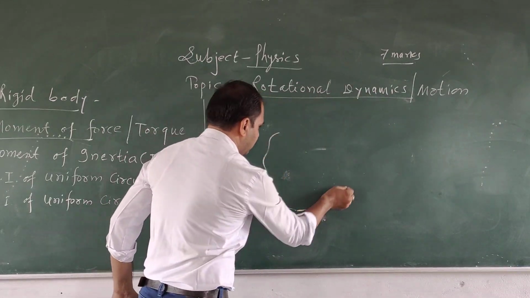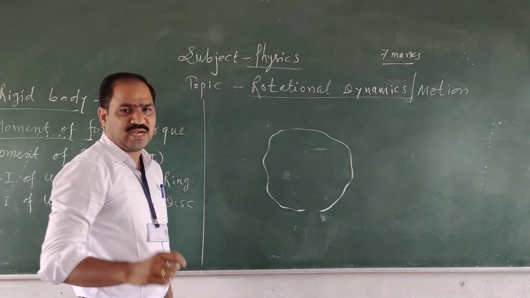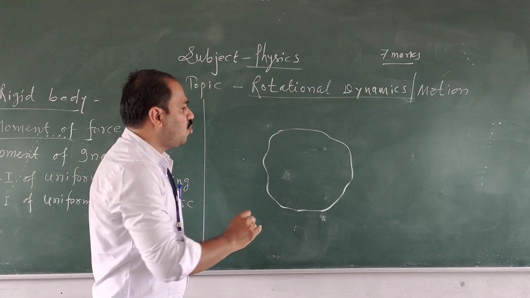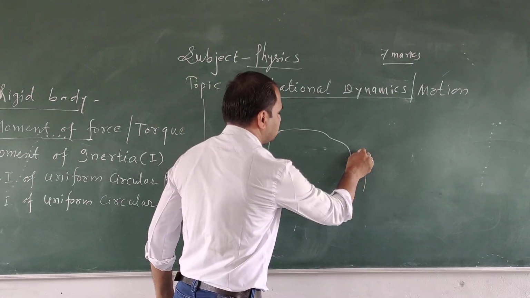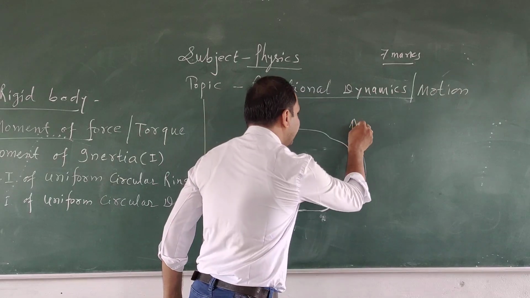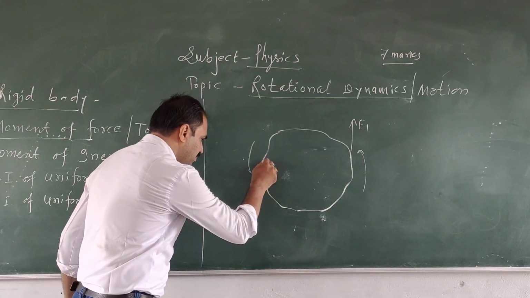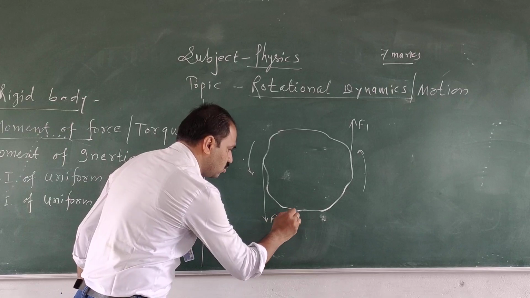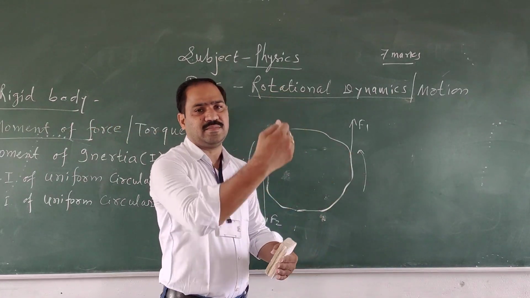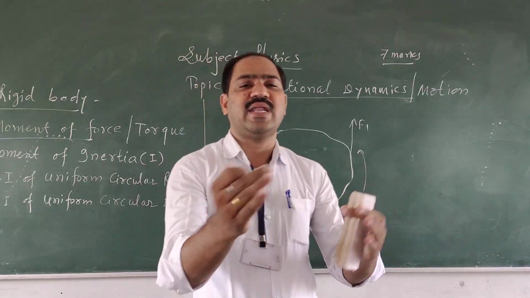This is the body. Again, this body contains a number of particles in it, and here the force is applied like this. Here is the force applied F1. Here is the force applied F2 on the body. Then the body will rotate in this circular manner.